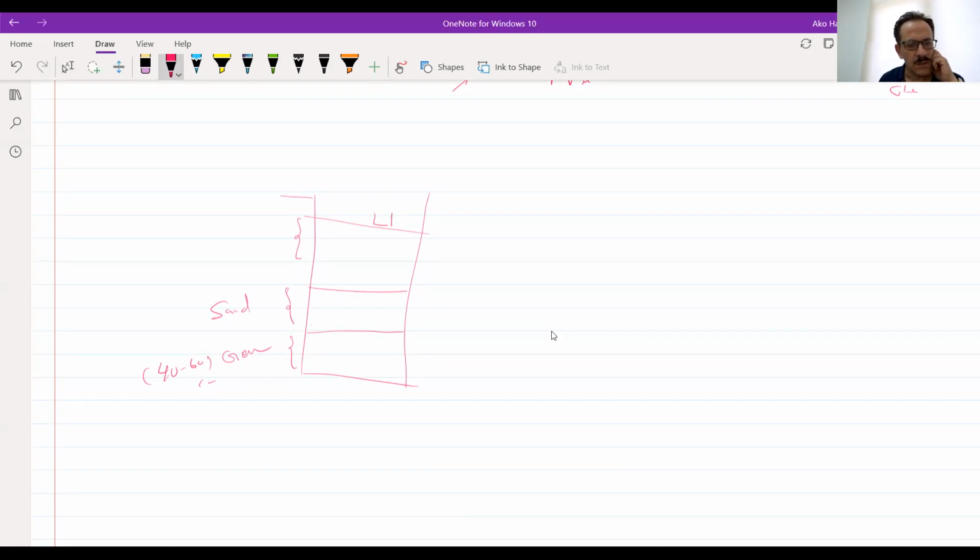Now we also have the sand, 60 to 120, one meter 20, or from 60 centimeters to 120. Now this will be sand, right? This will be gravel.